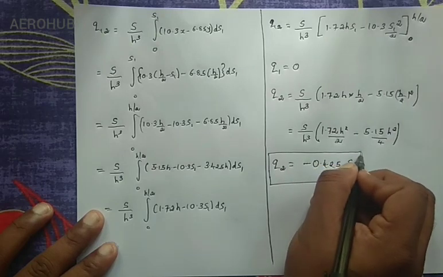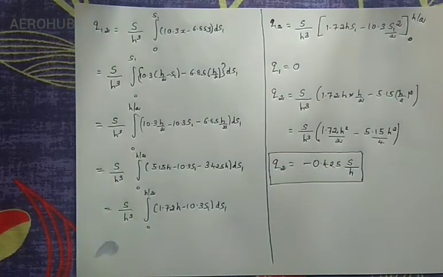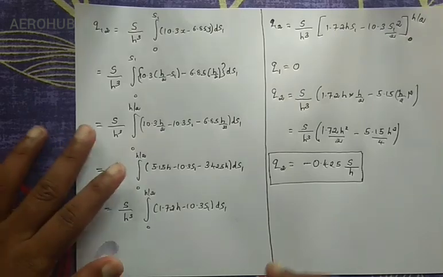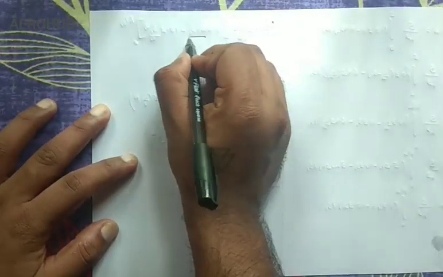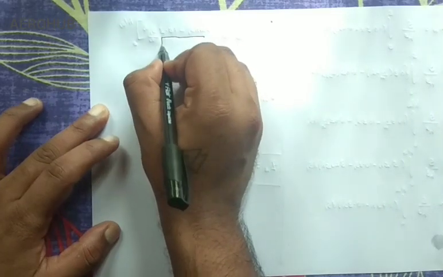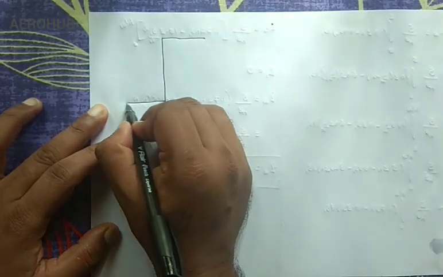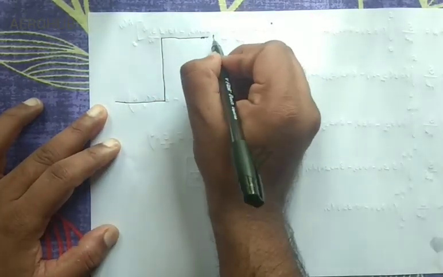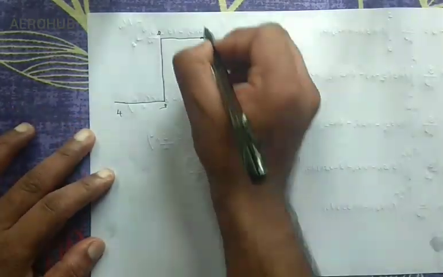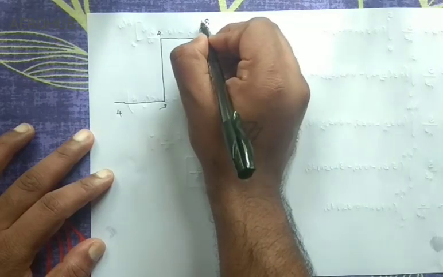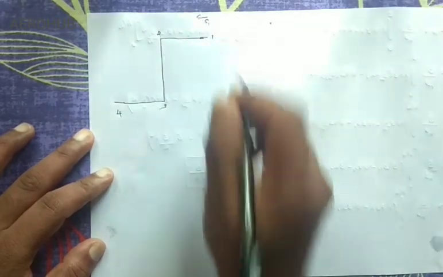Okay. Now we have to understand one important criterion here. We have this diagram, one, two, three, 4, and we introduce the shear flow from right to left.